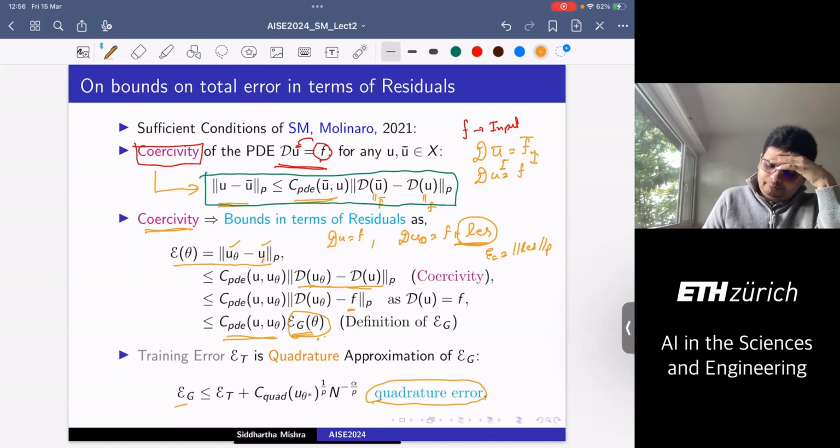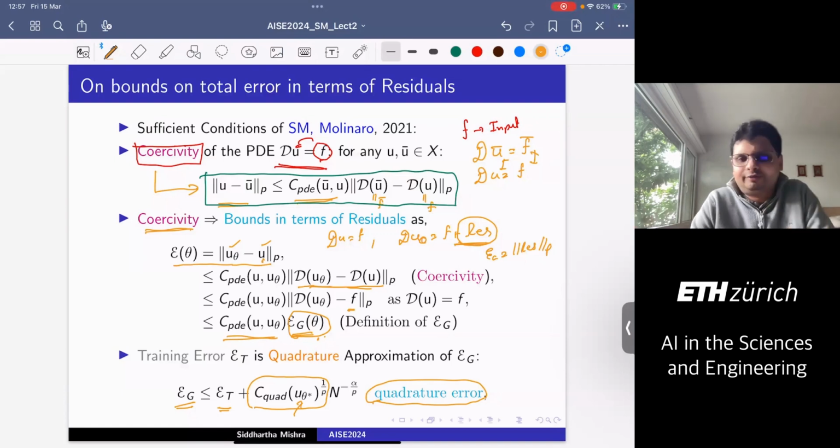So the PDE residual is given in terms of the training error plus some constants. Of course, these constants don't depend on the PDE itself. They only depend on the regularity, the smoothness, of the neural network, and the number of quadrature points. So alpha is the rate of convergence that I told you about. If you think of Monte Carlo, some random sampling, then this is going to be a half, and for p equal to 2, alpha is going to be equal to 1.